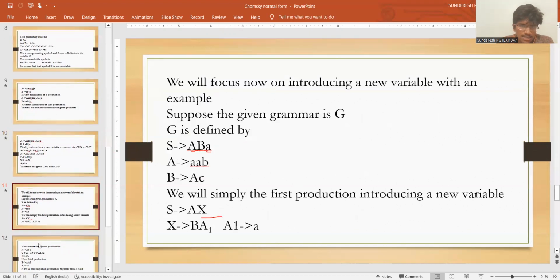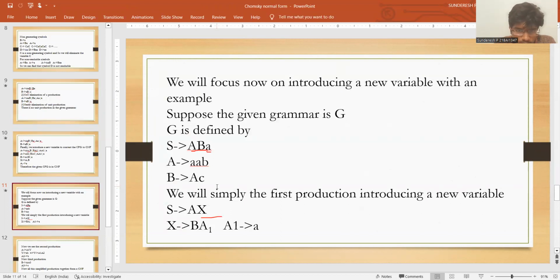Now we will take another example which will focus only on step 2 and step 3. In this one, G is defined by this given set of productions. Now we will simplify the first production, ABA.